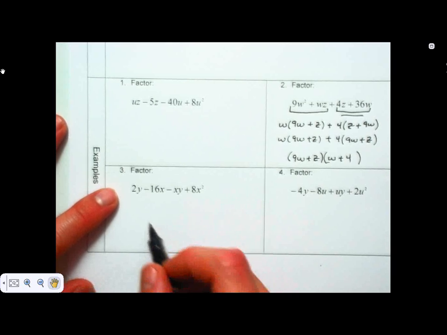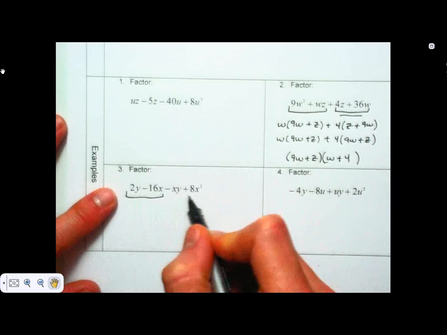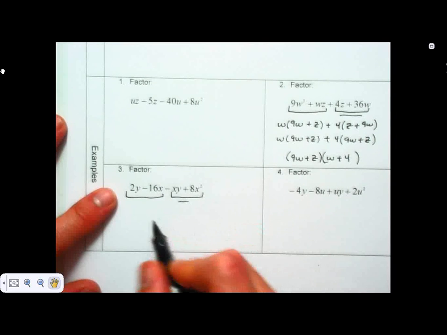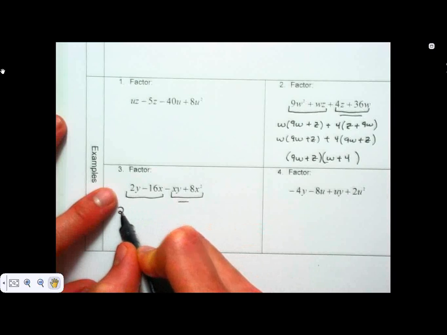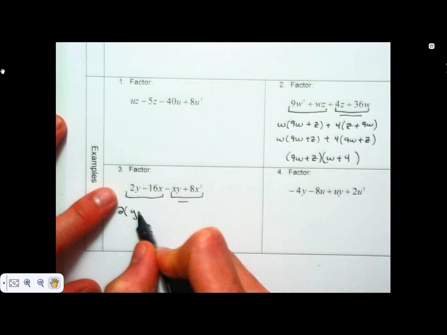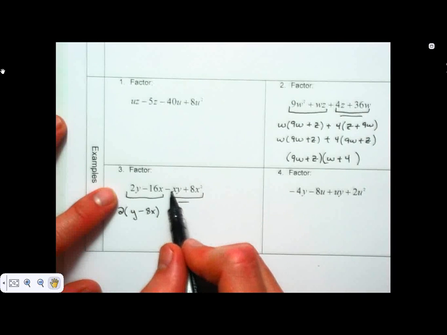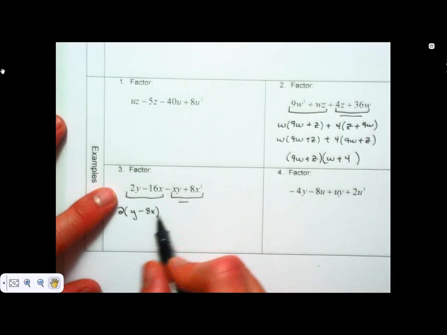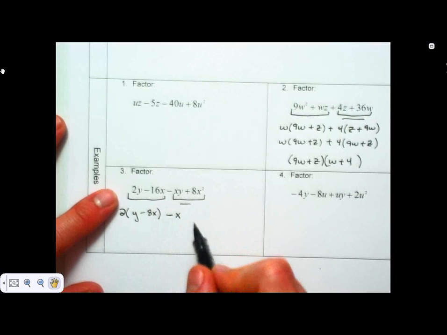Okay, so for number 3, did you use my tip? Let's just group these guys together and these guys together. Looking at the first 2 terms, if I factor a 2 out, that's going to leave y minus 8x. The second group, notice how we're leading with a minus sign here, so that means I'm going to factor out negative, whatever the GCF is, in this case it's x.